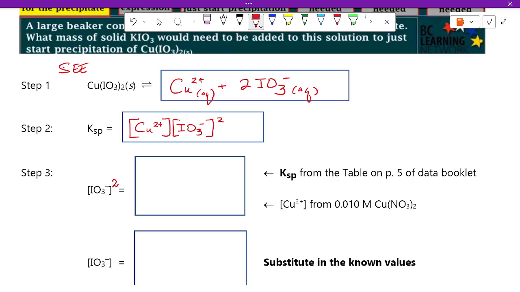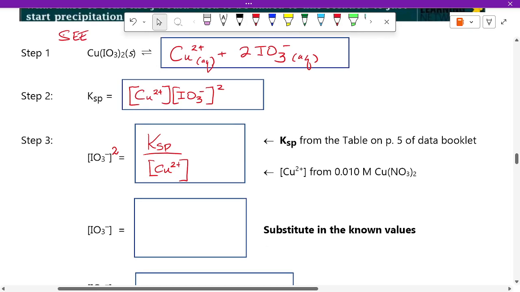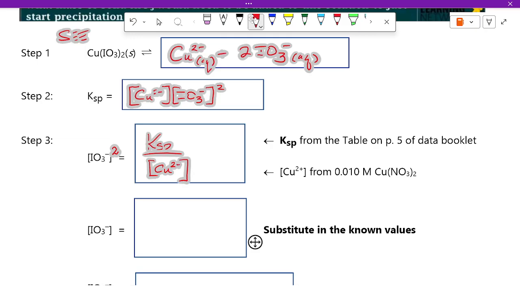IO3- squared is equal to KSP over the concentration of copper. Now we're going to substitute in the known values, and KSP from page 5 of the data booklet, you go look that up.